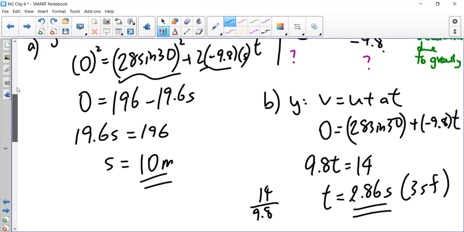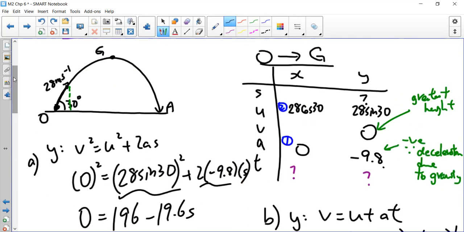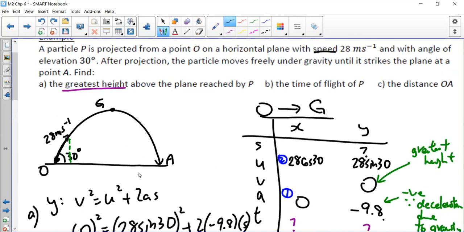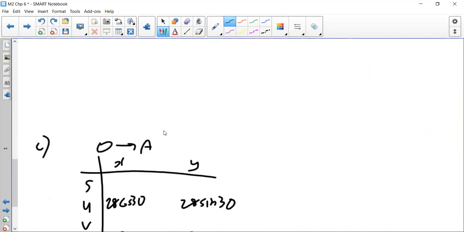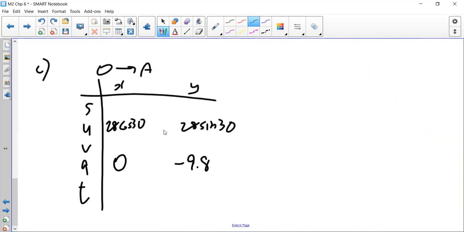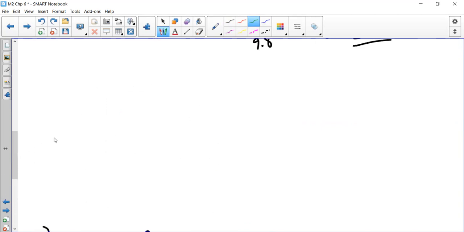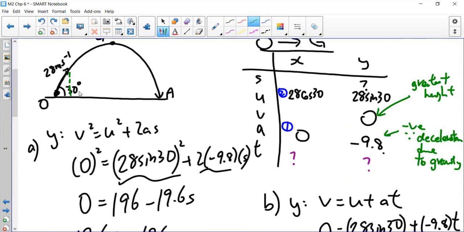Now, next, from O to A, we need 3 pieces of information in order to work out, what do we want to find again? The distance OA. So that's the SX. So we want to find SX. But we need 3 pieces of information. We've got 2. So what do we do? Well, there's a hidden one. Now think about this.